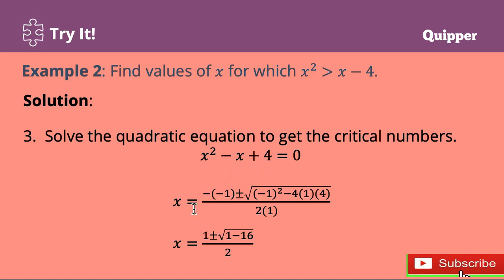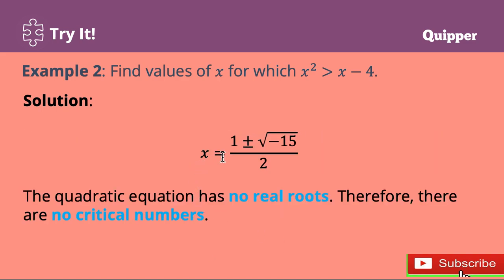Then we'll substitute all the necessary values into our quadratic formula, and we have x is equal to 1 plus or minus the square root of 1 minus 16, over 2. And 1 minus 16 is negative 15.